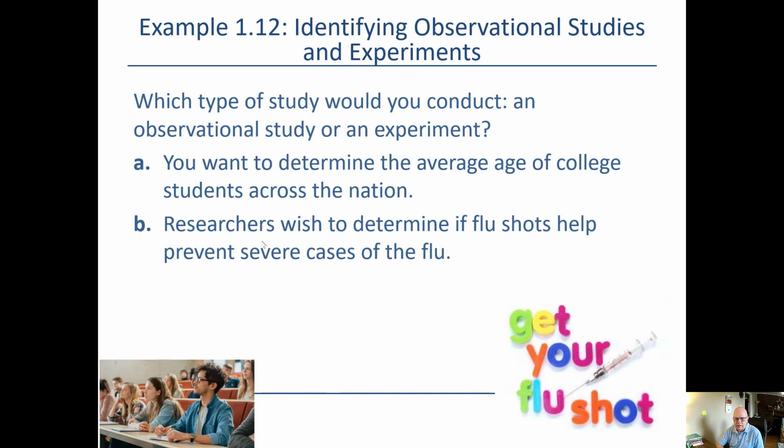So, a quick check to see whether you make sense of this. See which kind of study each one of these is. The average age of college students across the nation, would that be an observational study or an experiment? Take a sheet of paper.